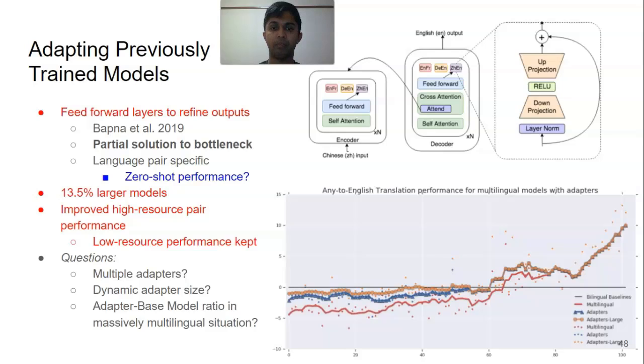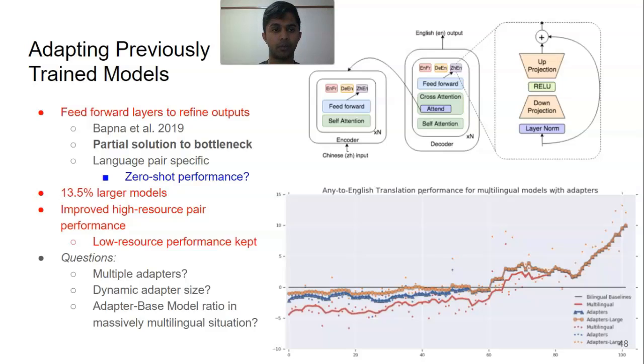This means where previous multilingual models showed poor performance for high resource pairs, using adapter layers, we are able to improve the translation quality and still retain the bilingual performance. On the other hand, low resource languages showed more or less the same amount of translation quality compared to the multilingual models, which is significantly better than the translation quality of the bilingual baselines.